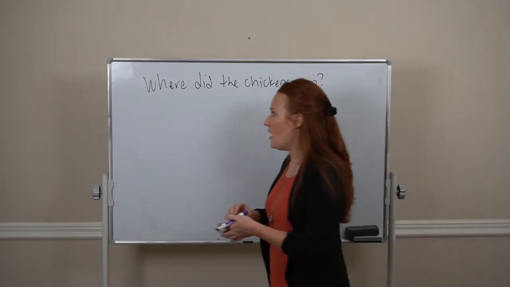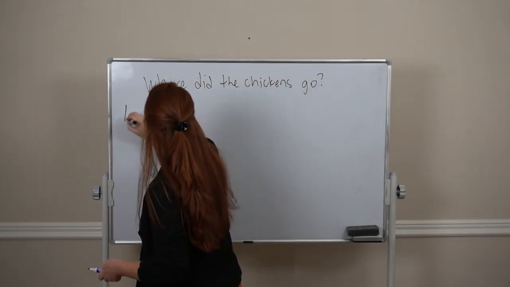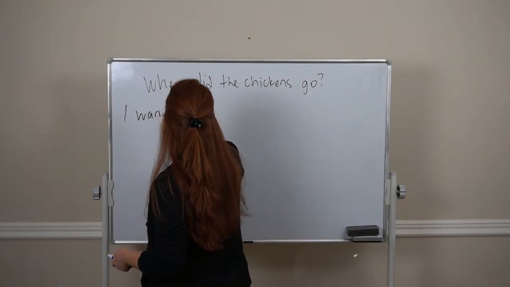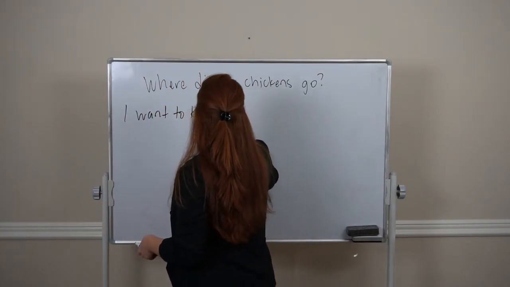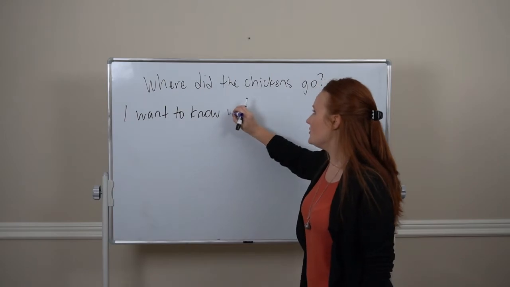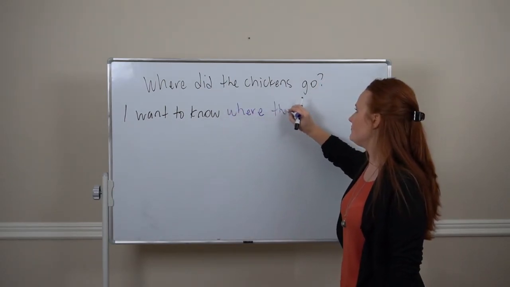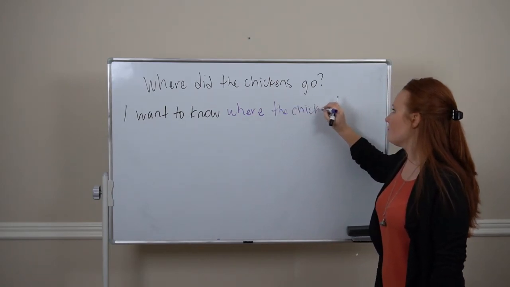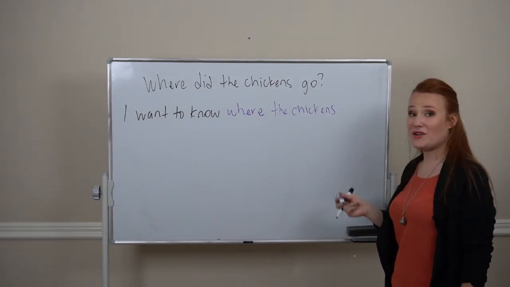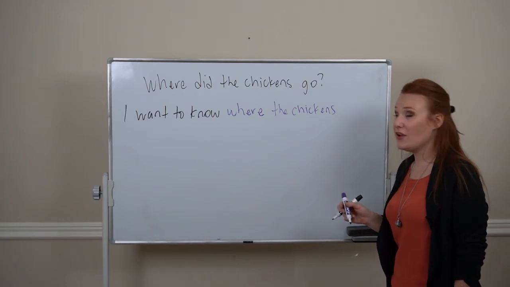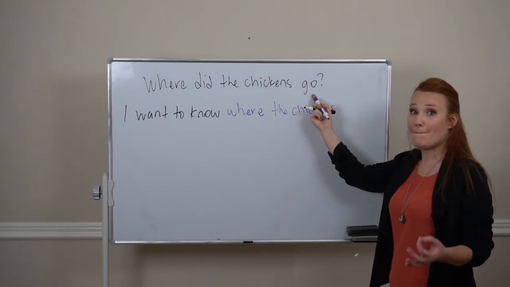But when we do our embedded question, I want to know, we'll do our question word, subject. And then we don't need that auxiliary verb did, we only need the main verb.